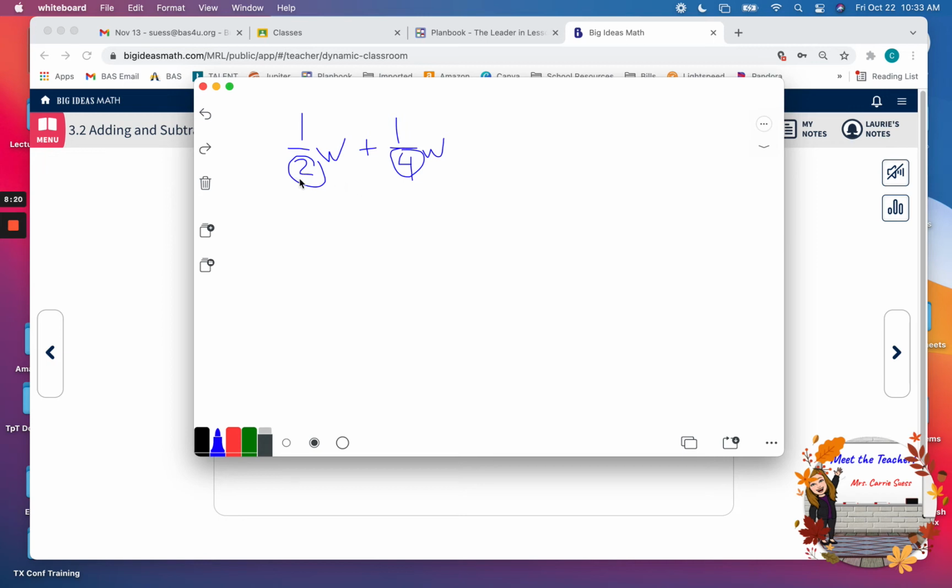So if I were to change this to 4, what do I do to this fraction? Times 2. So 2 times 2 would be 4. 2 times 1 would be? 2. Okay, and then I don't have to change the second one because the denominator is 4. So then we're just adding. 4 stays on the bottom. What is 2 plus 1? 3/4 W. Very good.